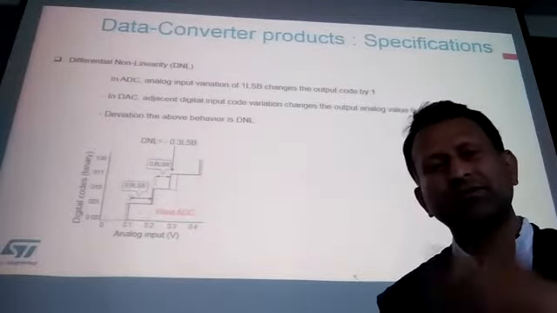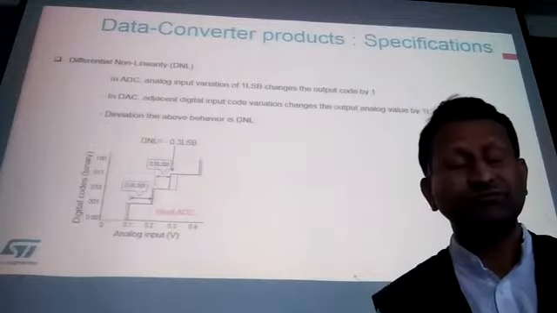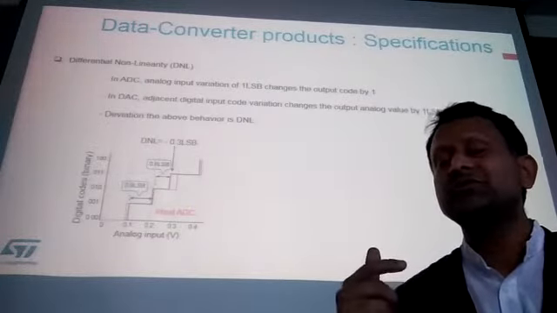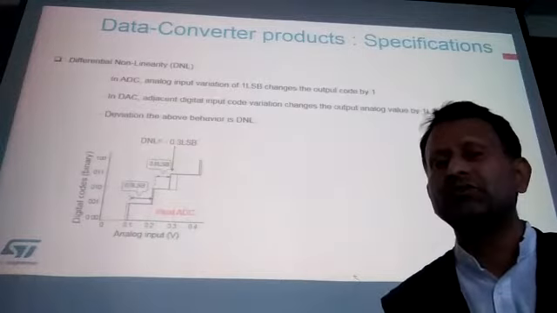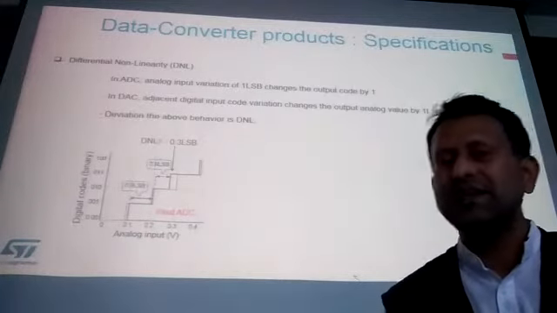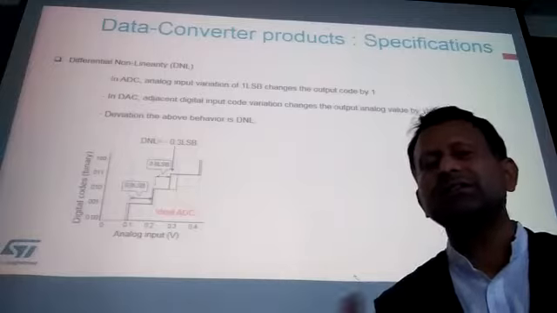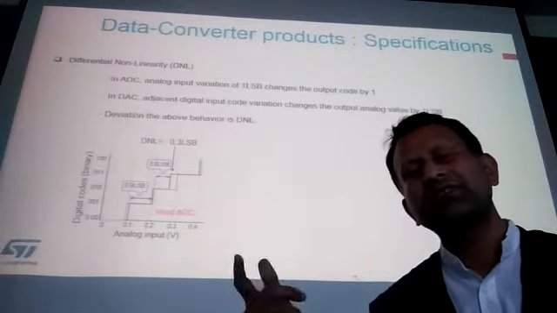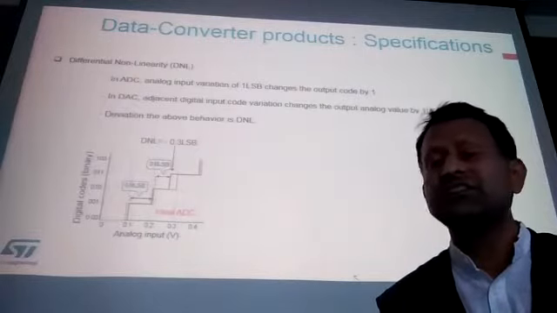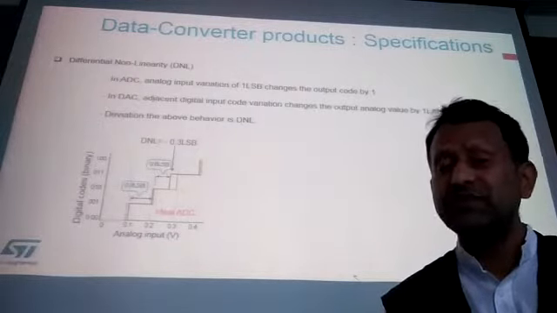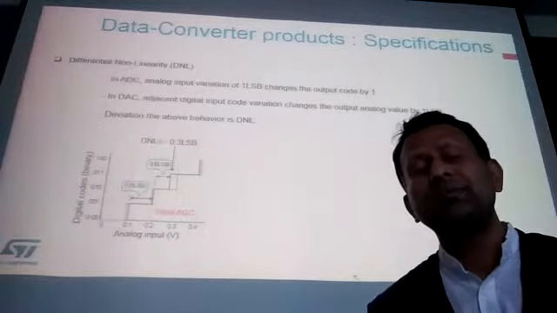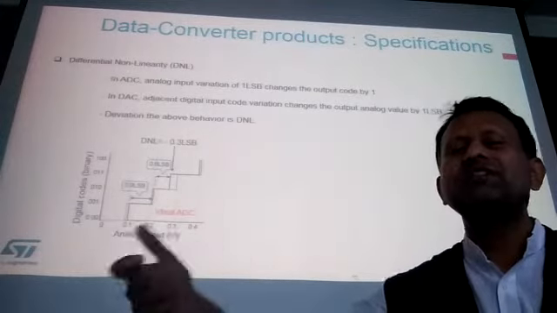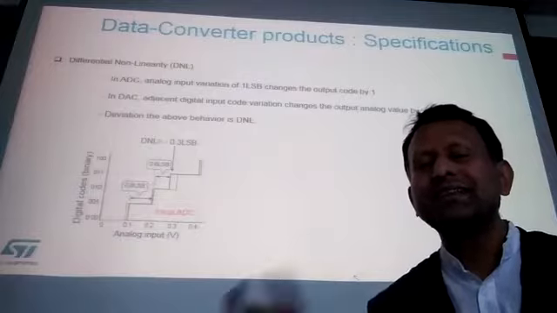So after resolution, there is differential nonlinearity, DNL. Actually, in an ADC, one LSB change in the input changes the code by one at the output. Similarly, for the DAC, every consecutive code change produces one LSB change in the output.